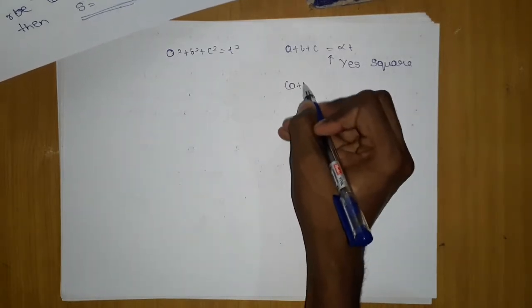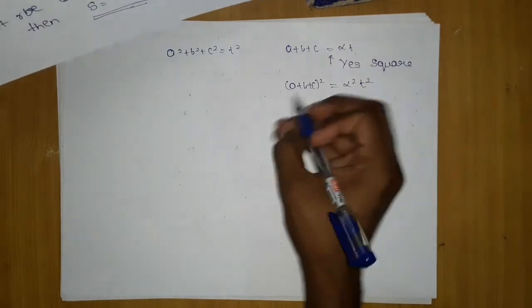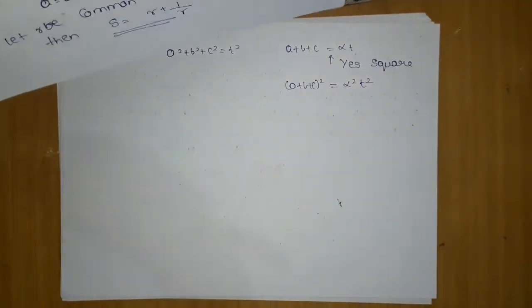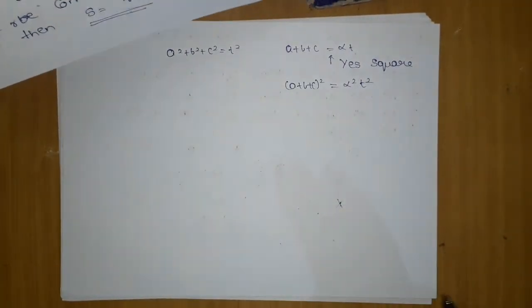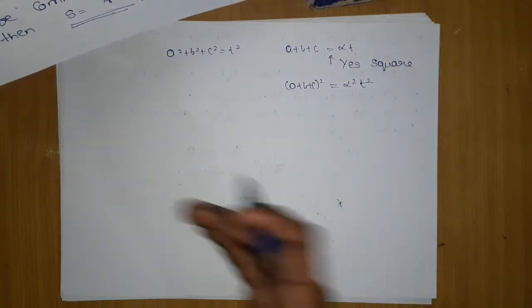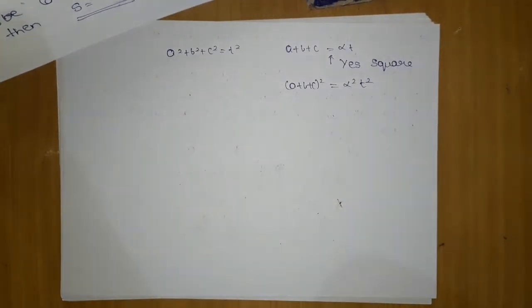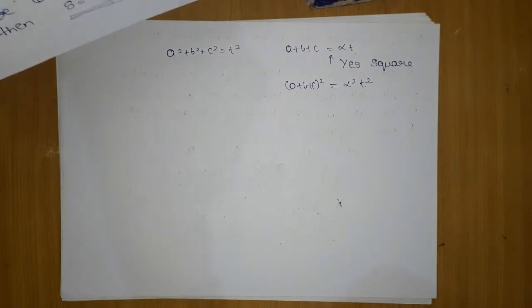So a plus b plus c the whole square equals alpha square into t square. Now you will say we don't remember the formula for the square of a plus b plus c. Don't be in a hurry to substitute and expand. Try to be patient, because it is in GP, there is a high probability of terms cancelling.